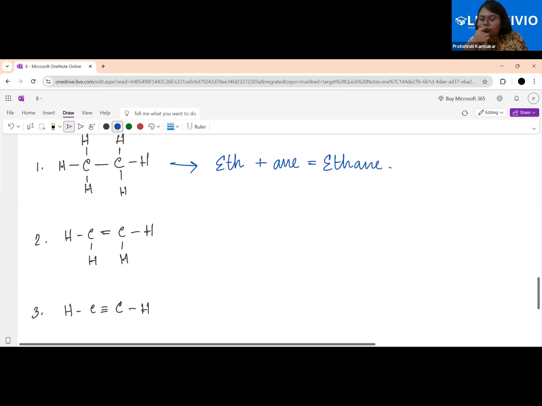Now Neha, tell me what will be the name for the second compound? Ethene. Tell me the spelling. ETH plus ENE, so ethene. The third one, Fatima. Ma'am, the number of carbons is 2 and the number of hydrogens is 2 and it has a triple bond, so it will be propyne.